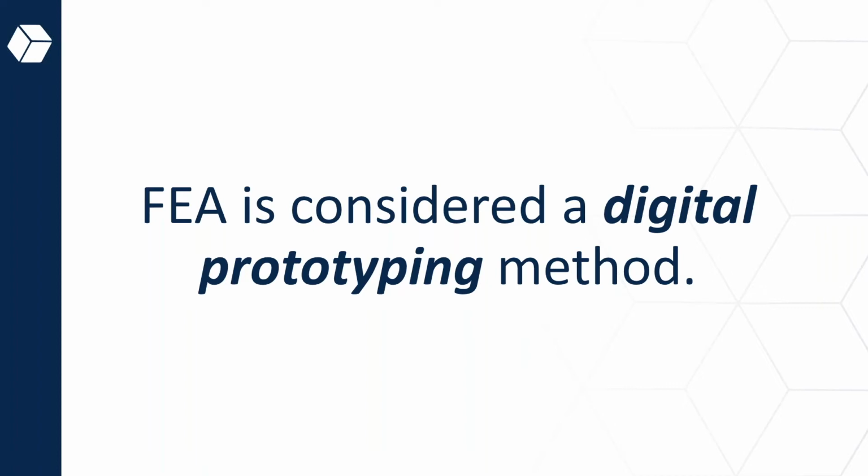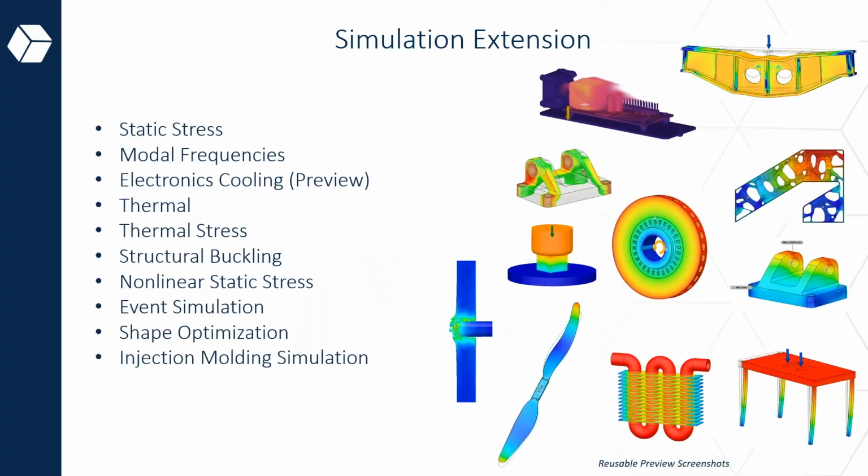with our simulation extension. So let's deep dive into our simulation extension for Fusion 360. Our simulation extension gives us a number of different types of simulations that we can use to simulate many of the different environments in which our products will be working, and even some of our manufacturing environments where things like plastic injection molding come into play.